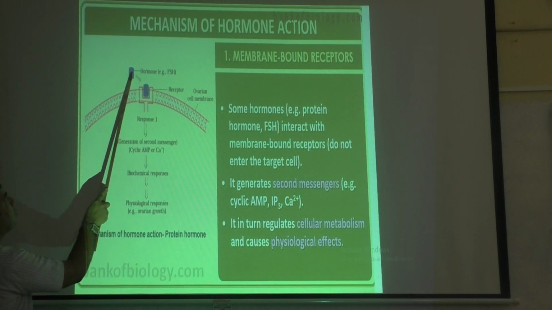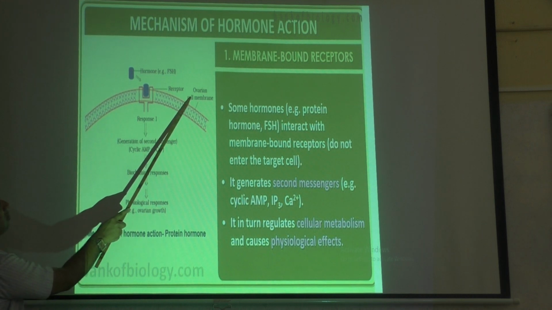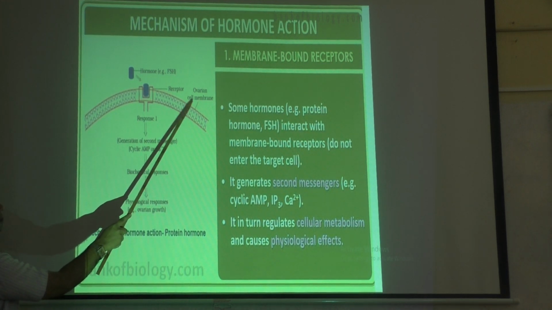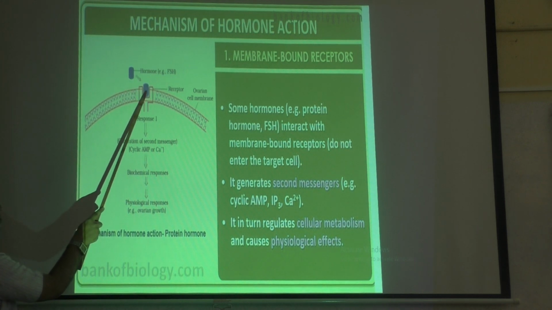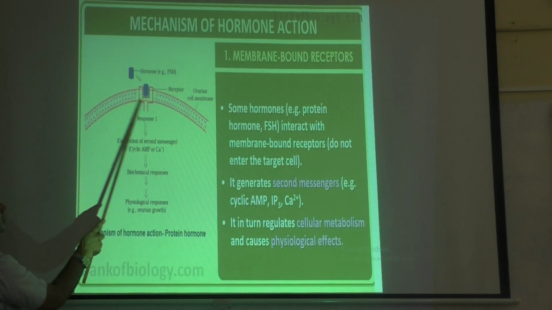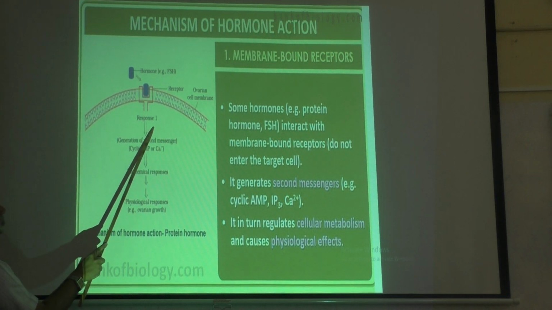The hormone comes and binds to the receptor. This is the cell membrane of the ovary. Then the hormone binds to the receptor present on the outer cell membrane. Then it shows a response.